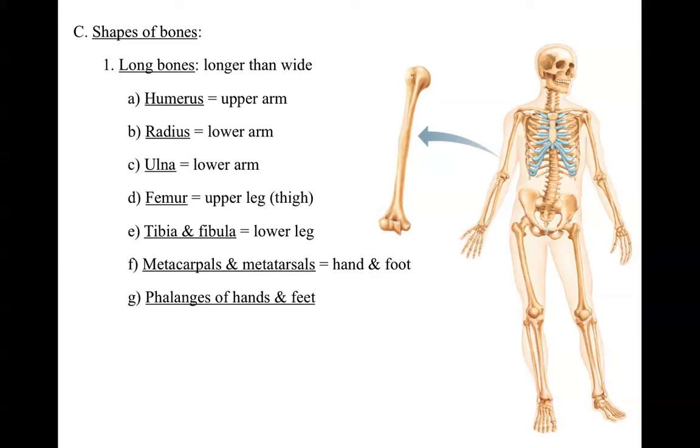Your radius, your ulna, which is your lower arm, tibia and fibula, which is lower leg, your metacarpals and metatarsals, the bones in your hand, not your fingers, are all long bones. So the palm of your hand, long bones. Your fingers, they're also long bones.